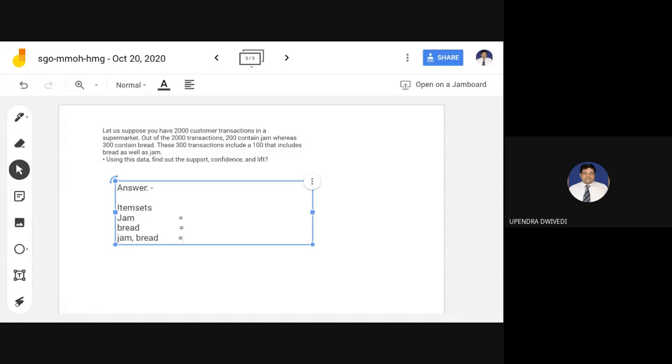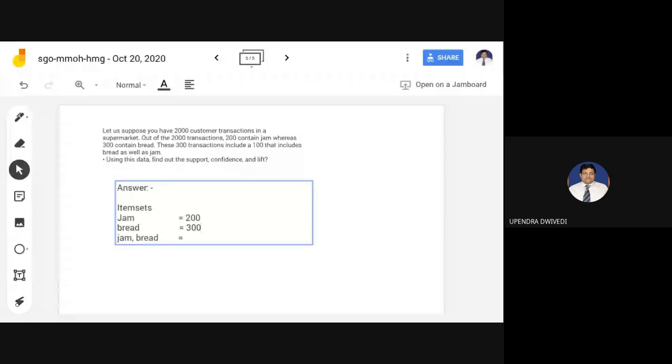So there are 200 transactions that are containing jam, 300 transactions are containing bread, and these 300 are including 100 that include bread as well as jam.